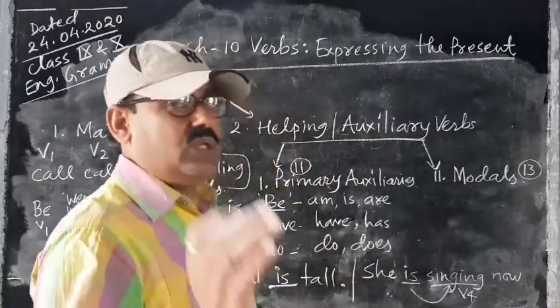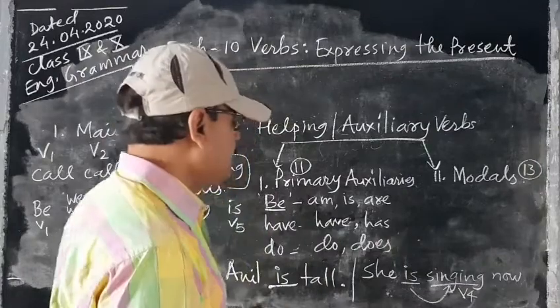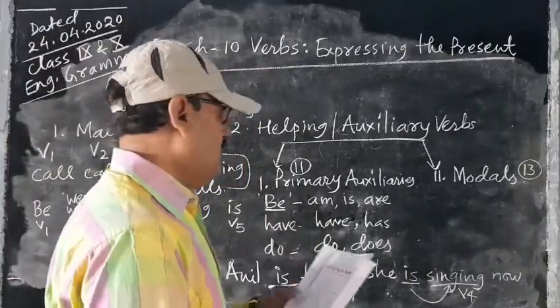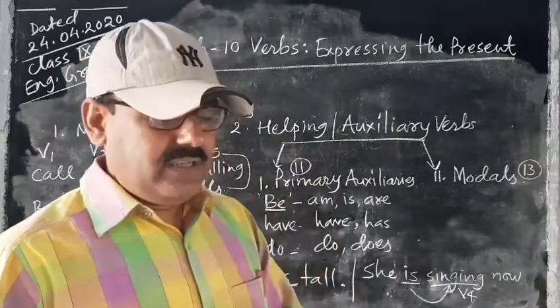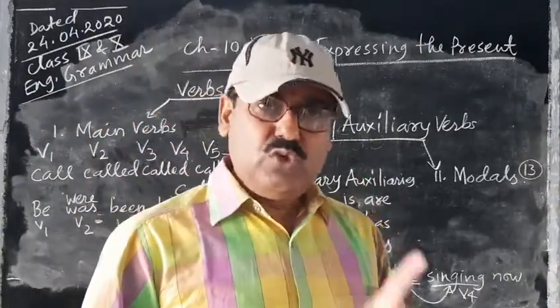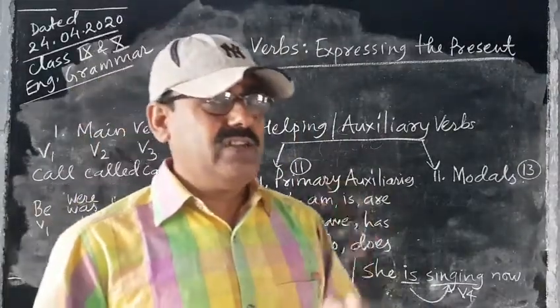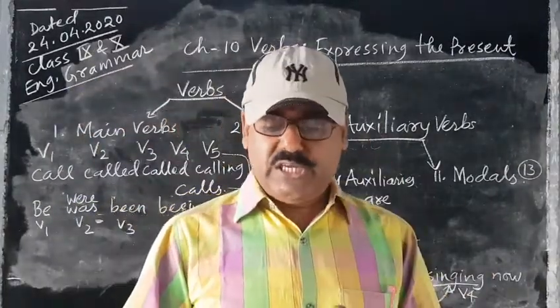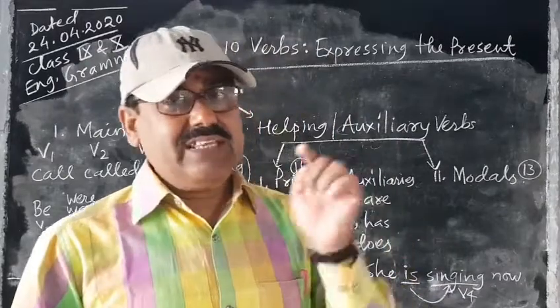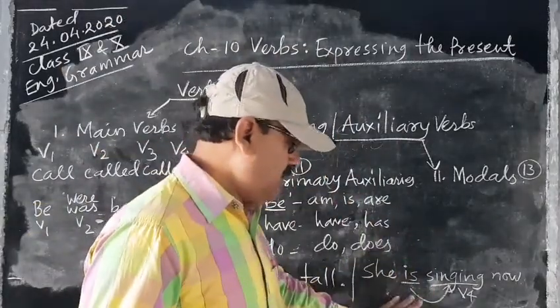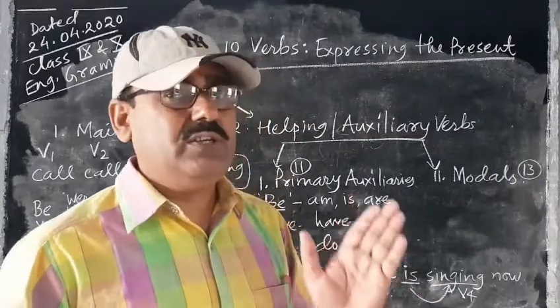Here it is used as a helping verb. So the fact is that here "be" can be used in two ways. First one is as an ordinary verb, and the second one is as a helping verb to form different tenses.